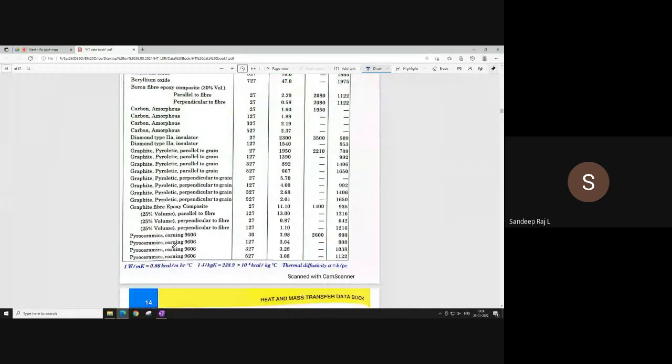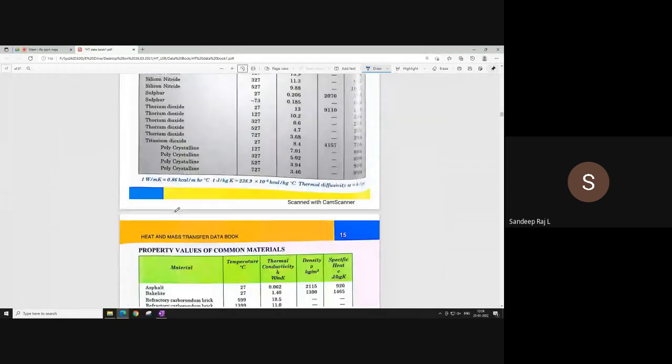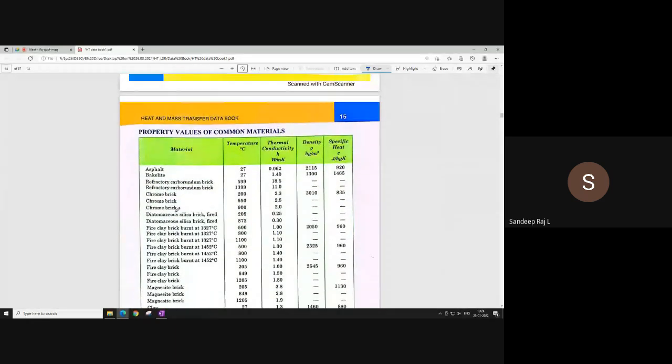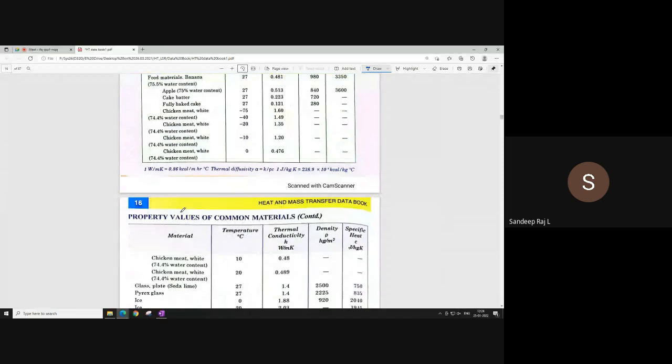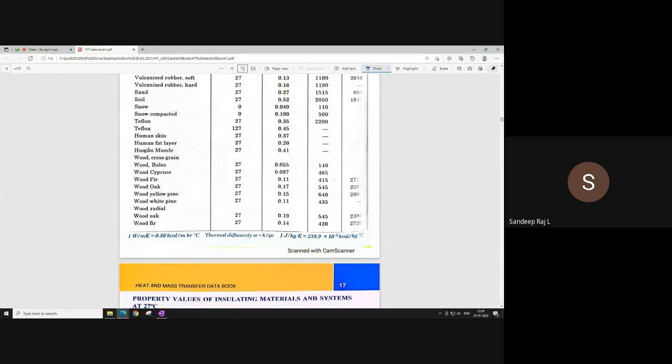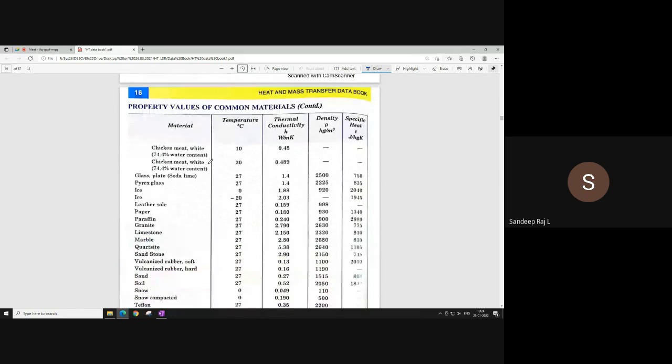These are the non-metallic solids. Silicon carbide. See, you can see wood here. Various kinds of woods you can see here. So all these woods will have their thermal conductivity values here, again in watt per meter Kelvin.